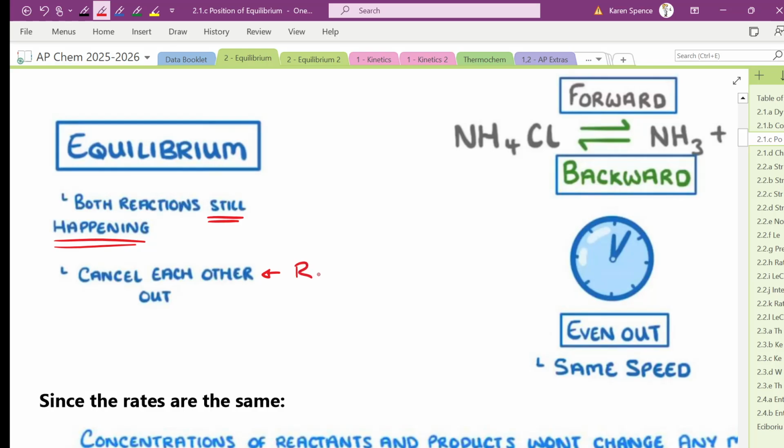The reactants, for example, are being used as fast as they are being produced at the same rate.